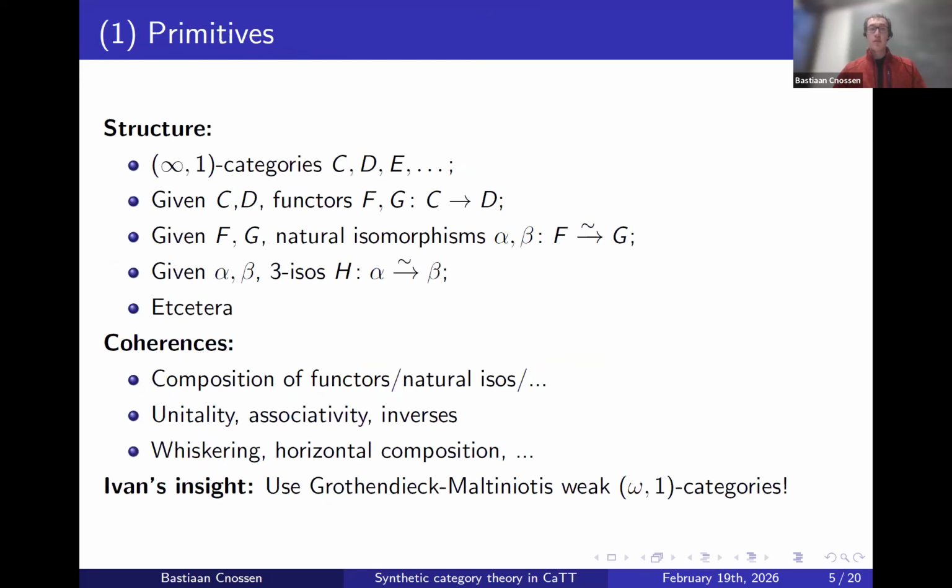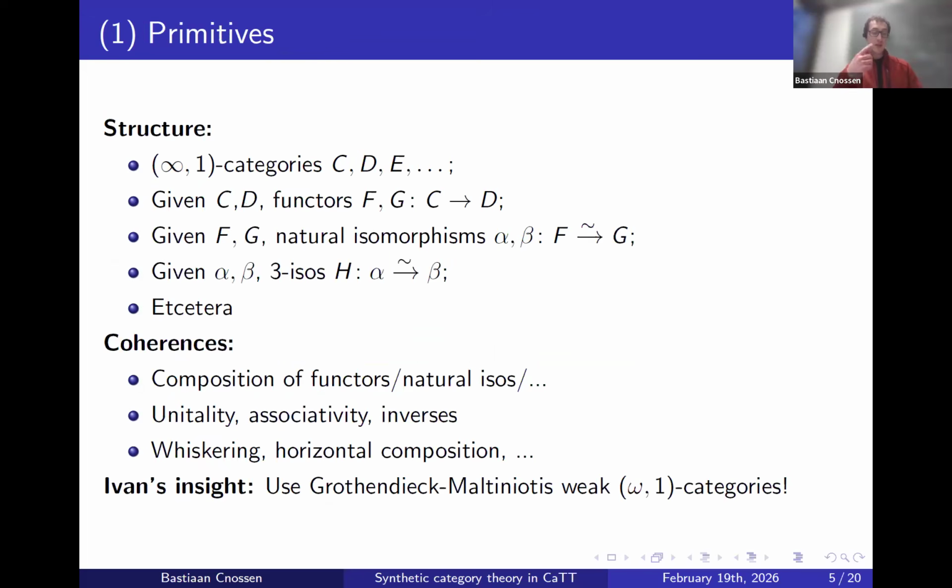Right, so let's zoom in a bit more. Just to make the pattern matching a bit easier in a second, let me emphasize what this structure is really going to be. There is a base layer where we need to be able to talk about the objects of our theory, infinity one categories.